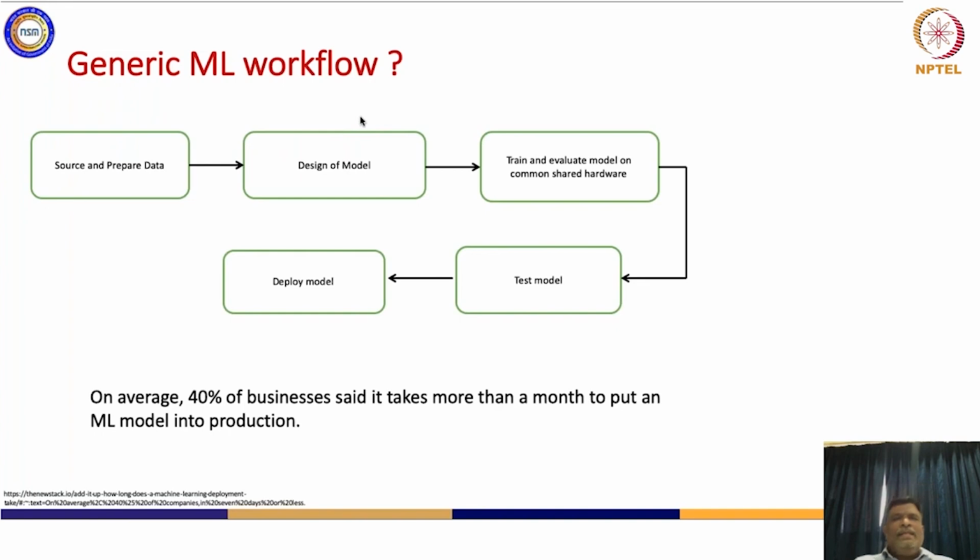This is the generic workflow of any machine learning, deep learning algorithm. What you generally do is, the first step is to source, get, and prepare your data. Then you design a model. You need to train and evaluate the model on a common shared platform.